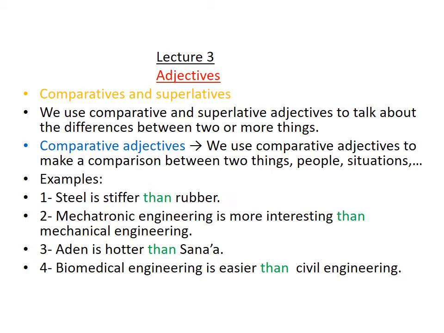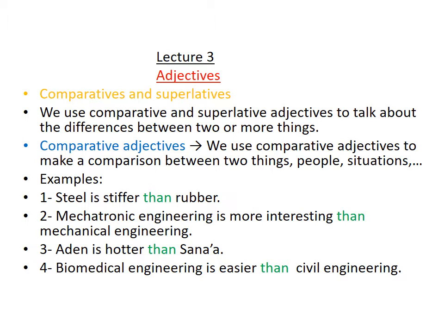Number three, Aden is hotter than Sana'a. So here I am comparing between two things, two cities, between Aden and Sana'a. Where is the adjective? The adjective is hot. In the comparative, we add er, it is hotter than صنعاء.